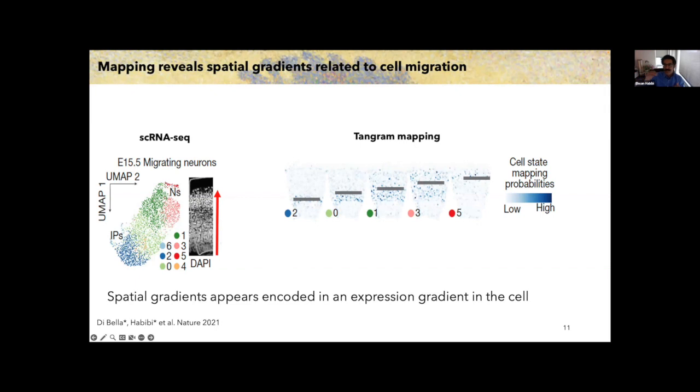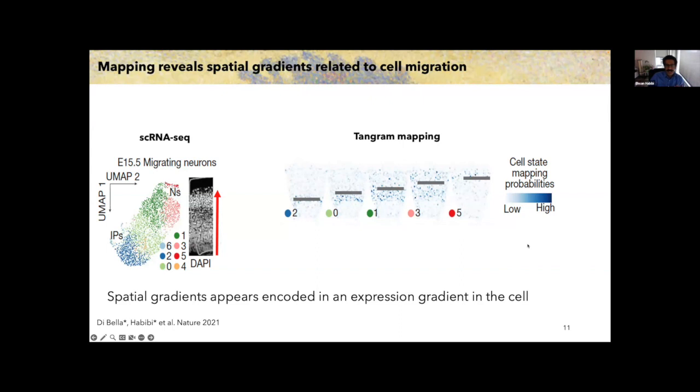And then you can see nicely there is a gradient of cells. Each population has been mapped to different places in the spatial data. That means that migrating neurons change their transcriptome profile as they migrate through the cortex over time.